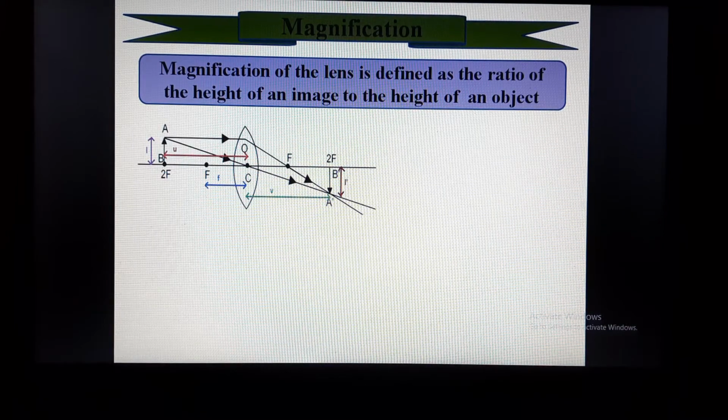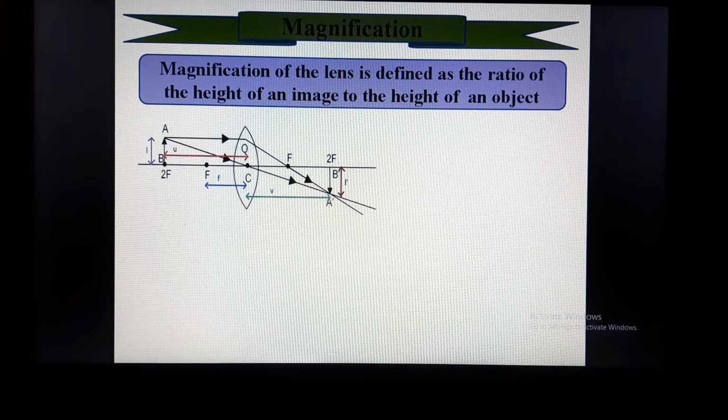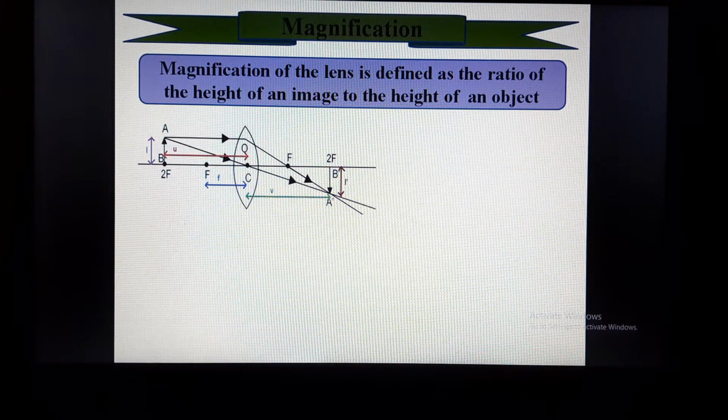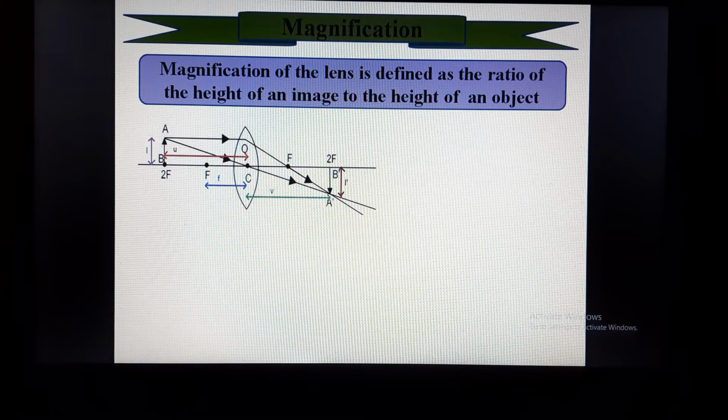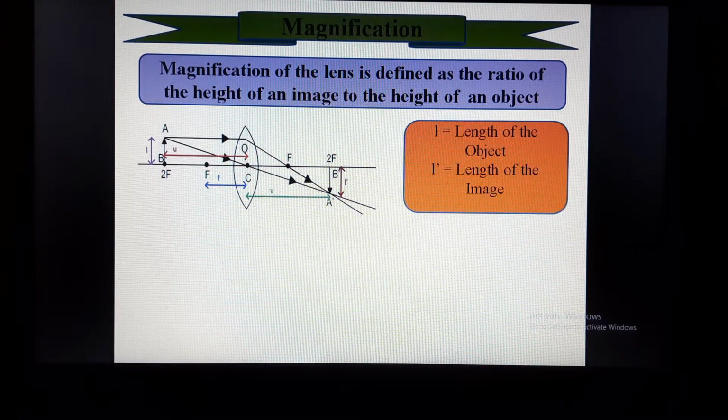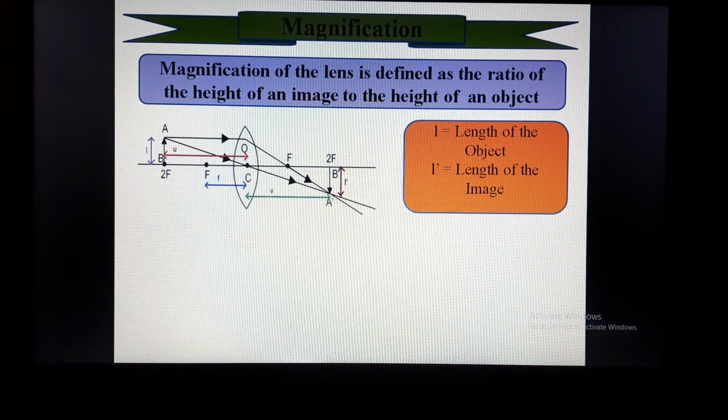From the figure, the length of the object is denoted by L and the length of the image is denoted by L prime.